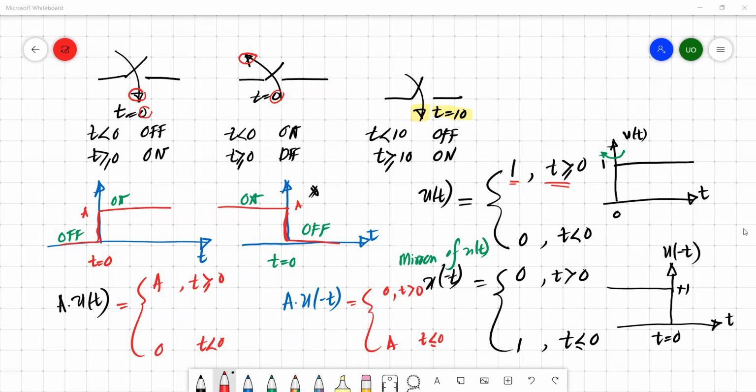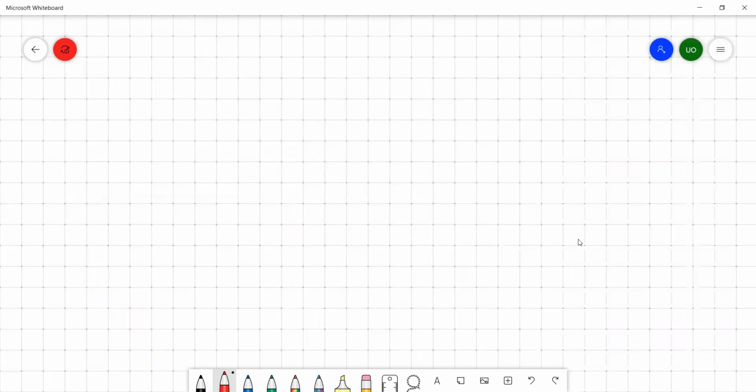For example, I can give a small example. Think of this function u(t) minus u(t-2). This is your source. So how do you get the impact of the source? You have to draw the entire function.